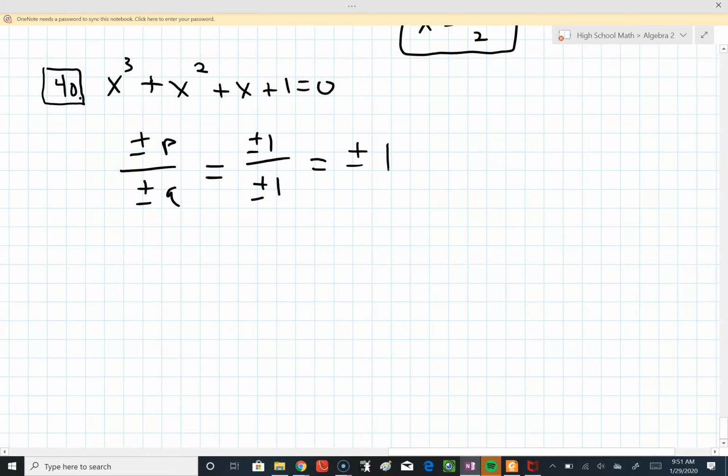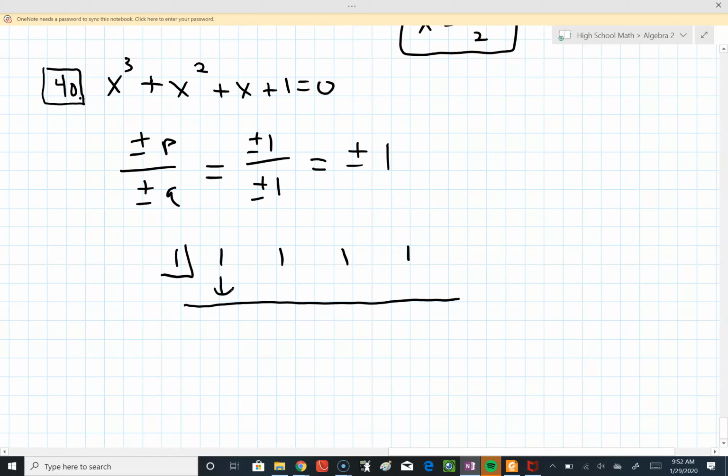If this one has a rational solution, it doesn't have to, but if it does, it's going to be 1 or negative 1. So here I go with my synthetic division for 1. That looks easy, doesn't it? I'm going to take a guess here and say it's 1. Well, I don't know.